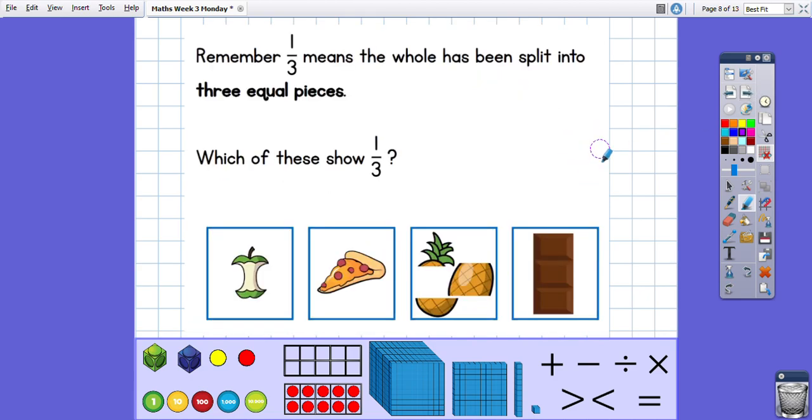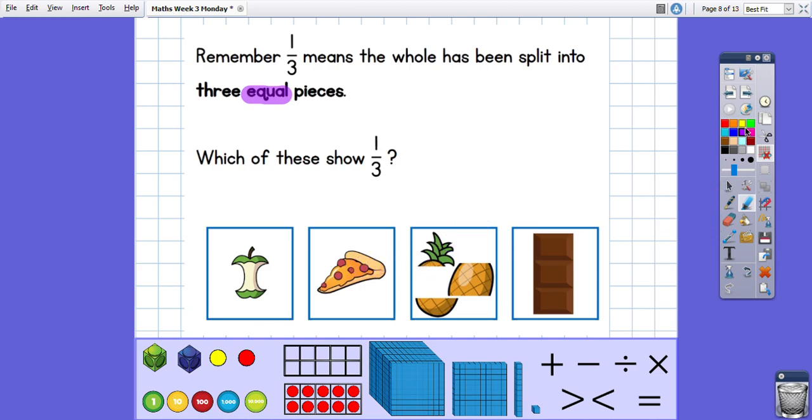Remembering that 1/3 means the whole has been split into 3 equal pieces. Remembering that equal is the really important word when we're looking at fractions. So which of my shapes here has been split into thirds, or which one shows a third? Does my apple show a third? No. I've only got one slice of pizza and it is whole. That doesn't show a third.